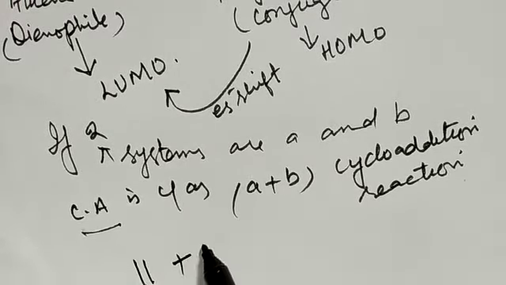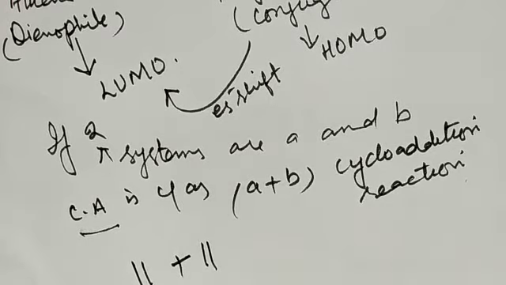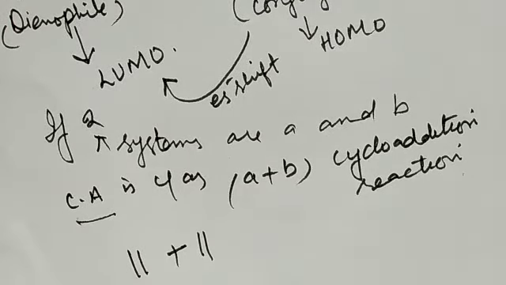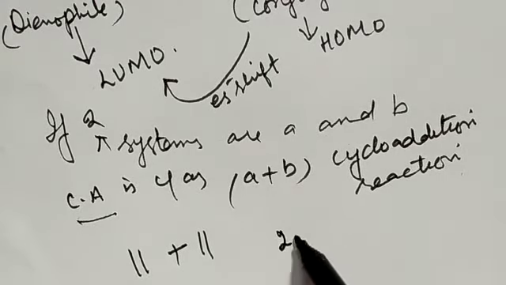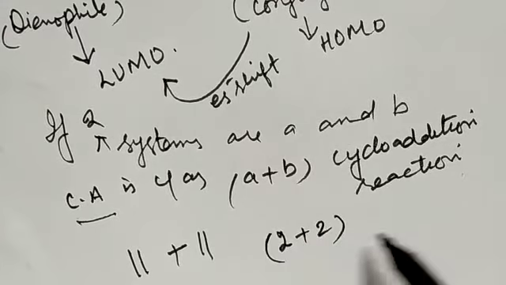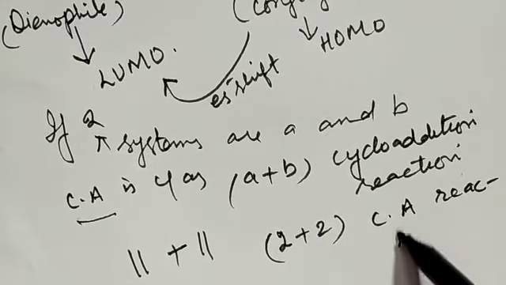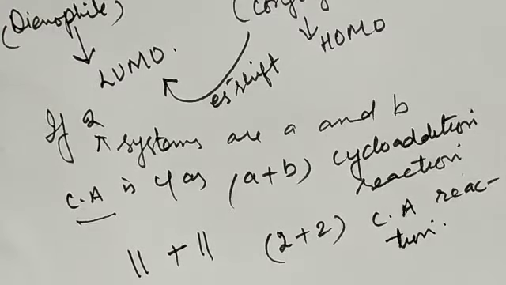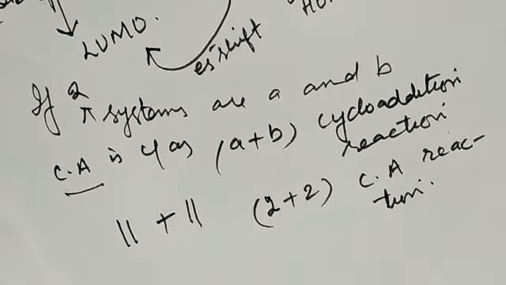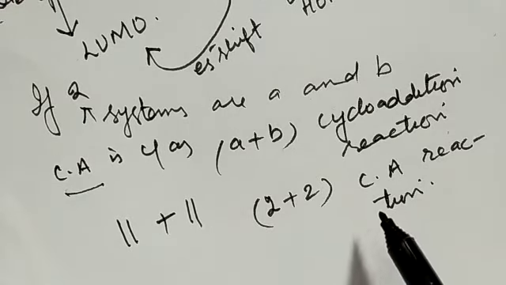Suppose these are two pi systems. If there is a reaction between these two pi systems, this reaction is called a 2 plus 2 cycloaddition reaction, right? Why is this reaction called a 2 plus 2 cycloaddition reaction?